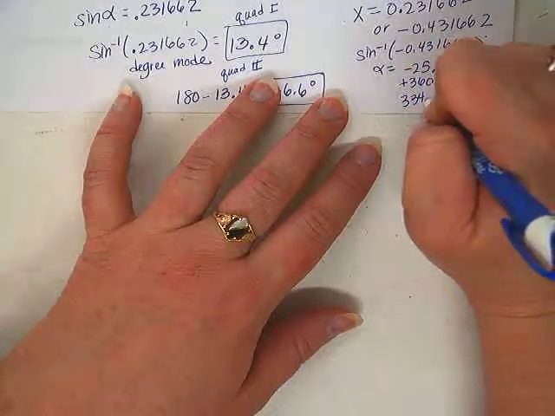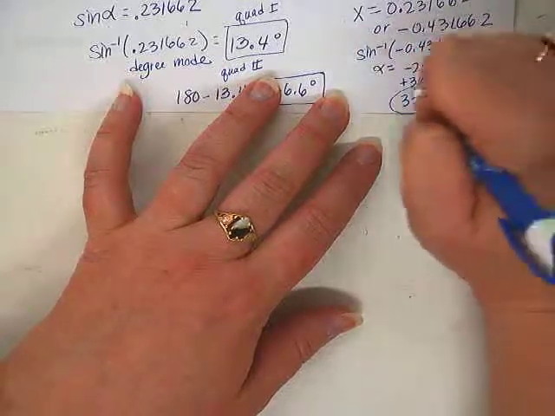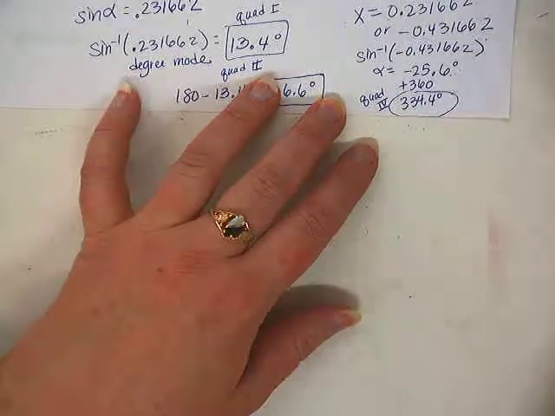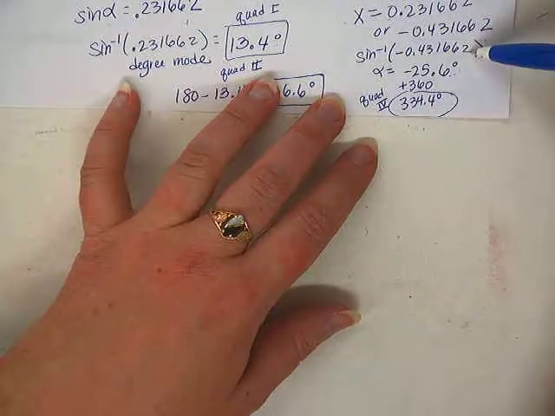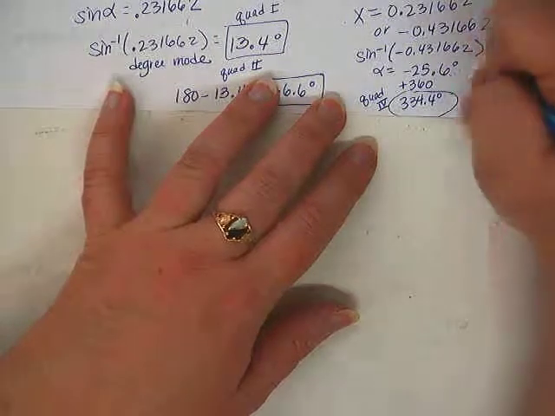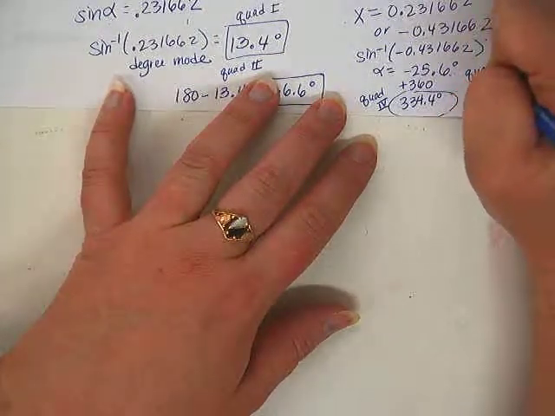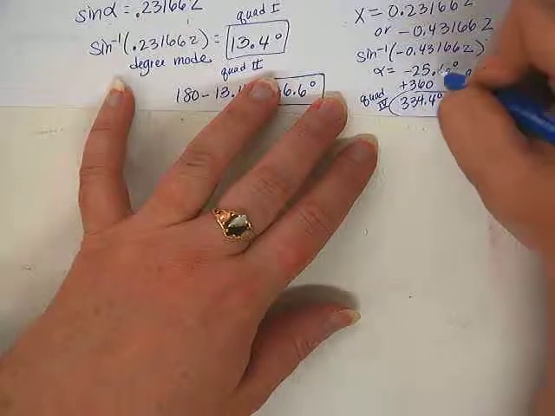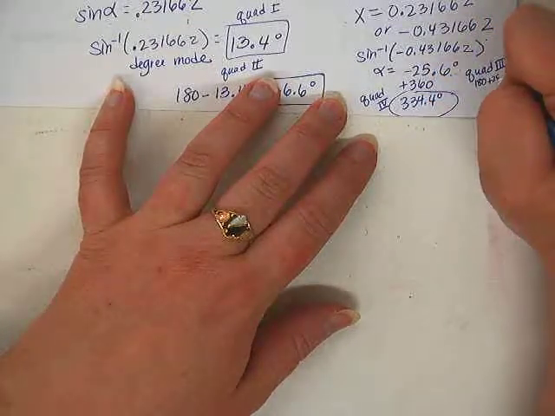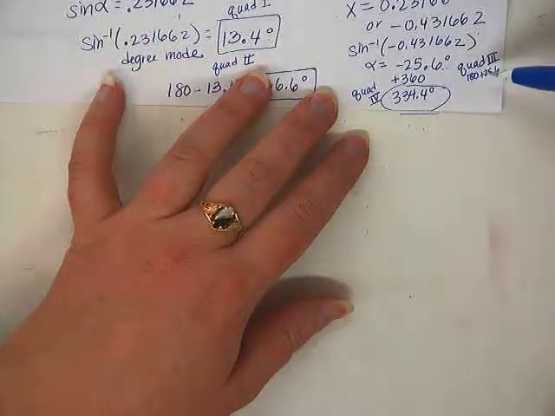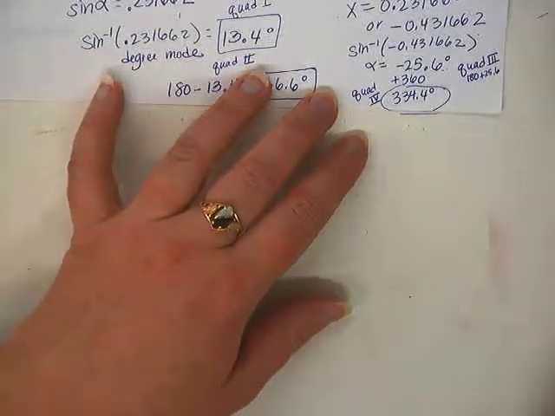So how do we get the coterminal angle with that angle in quadrant 4? Add 360. Good. So what's negative 25.6 plus 360? It's going to be less than 360. 334.4 degrees. Good. So that one is quadrant 4. But then there should be another negative answer in quadrant 3. So if this is the reference angle and it's quadrant 3, how do you find the angle in quadrant 3 if you have the reference angle?